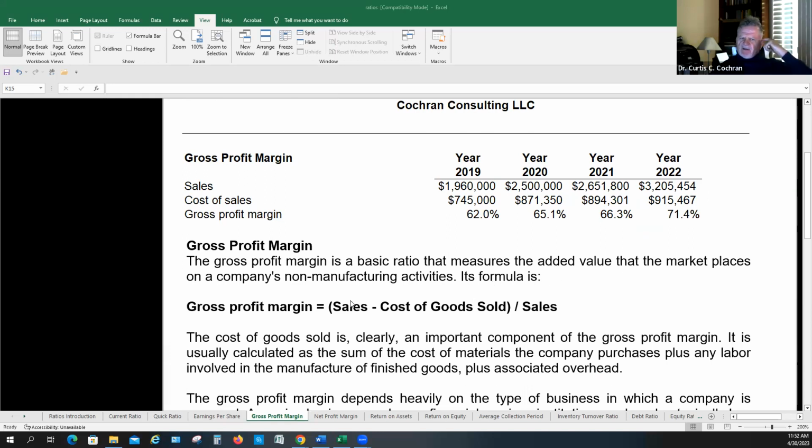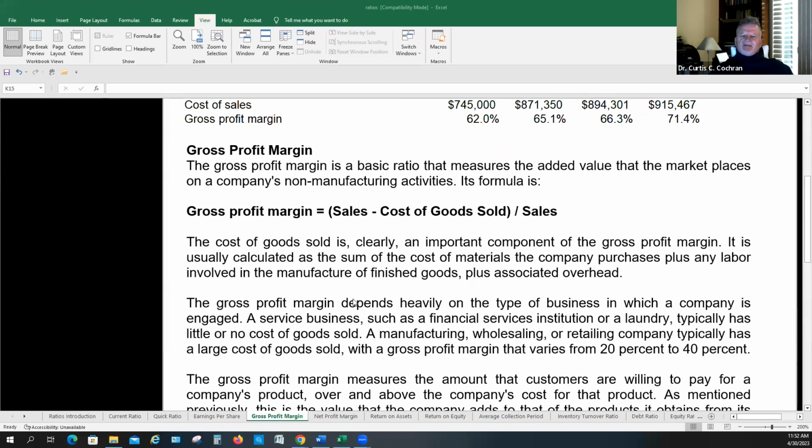Now, what you may or may not know about this gross profit margin is what I have included below here. The gross profit margin is a basic ratio that measures the added value that the market places on a company's non-manufacturing activities. And of course, you have the formula. The cost of goods sold is clearly an important component of gross profit margin.